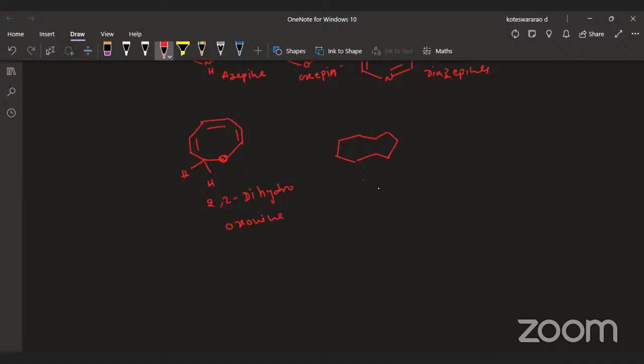Now, if you are using one nitrogen here, NH, this is a 9-member ring. Its name is azonine. If it is the 10-member ring, you can also draw the 10-member ring and use nitrogen here.